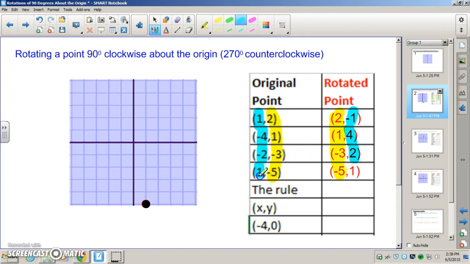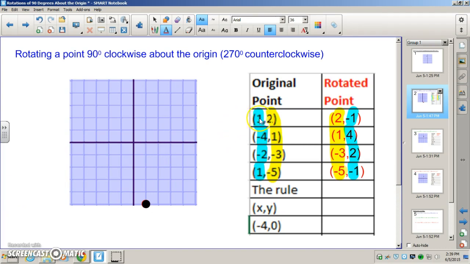So the 1 must go to a -1, because the blue numbers are switching signs. When 1 goes to -1, that switches the sign. I have not moved it yet. All I've done is make a prediction.